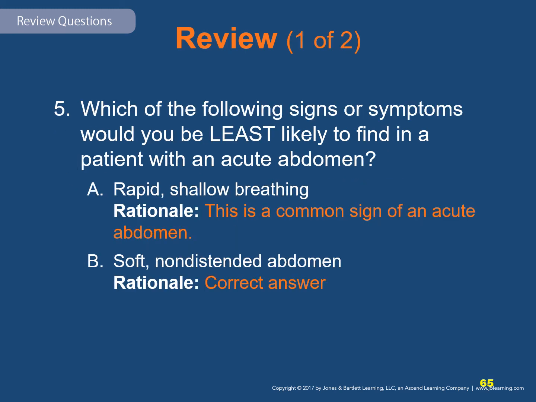Let's look at the answers that are incorrect. Which of the following signs or symptoms would you be least likely to find in a patient with acute abdomen? A, rapid shallow breathing. This is a common sign of an acute abdomen, but is not the most correct answer here. B, a soft, non-distended abdomen, and that is the correct answer.